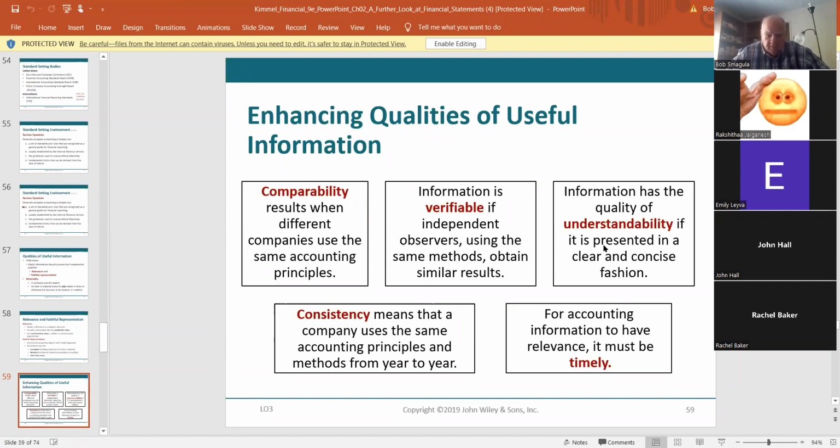It's got to be understandable. Consistency. Consistent, you're using the same principles yourself year to year. Comparability means comparison with another company. Consistency, you're comparing yourself from year to year, using the same principles. And information's got to be timely.